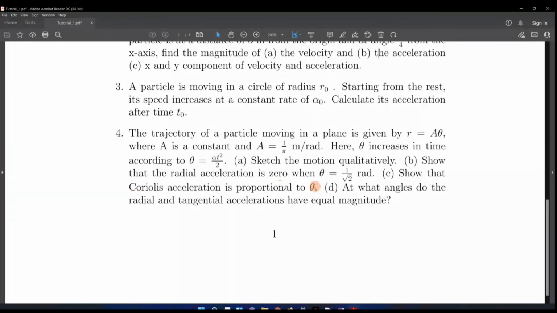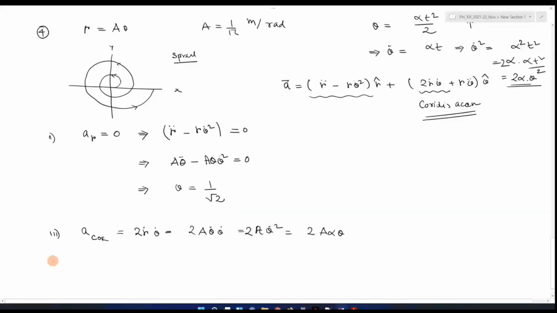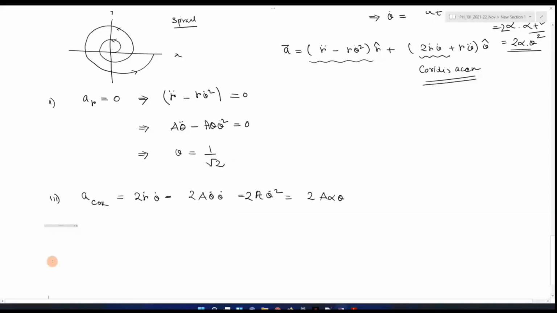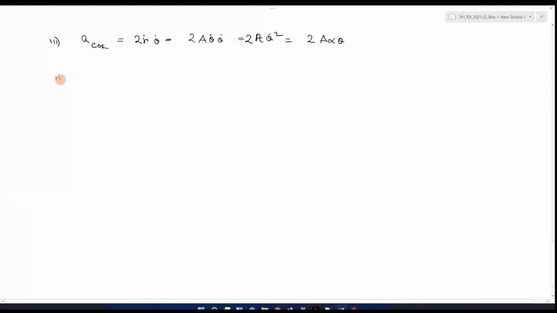Next part is, at what angle do the radial and tangential acceleration have equal magnitude? So for that, what to do? Equate r cap and theta cap coefficients. You are saying this? Yes. In the question it's written that they have equal magnitude, so that's why you have to put modulus also. Okay, don't forget this.